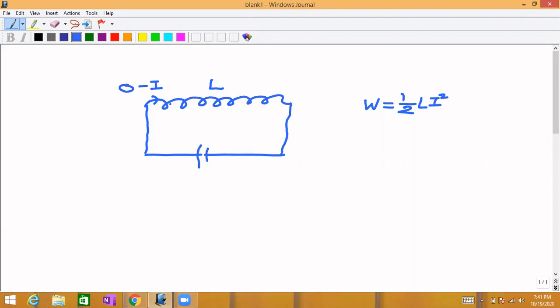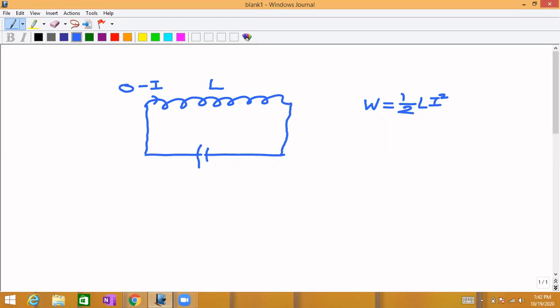And this amount of energy will be stored in the magnetic field linked with the coil. Because as current flows through the coil, a magnetic field will be set up within the coil, and in that magnetic field, this energy will be stored. So far as the current is constant, the induced EMF will disappear, and this energy of half L I square will be stored in the coil.